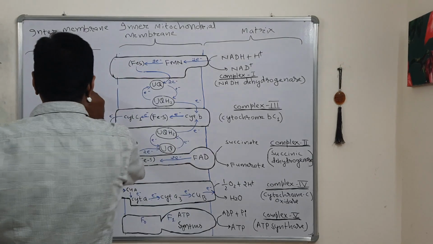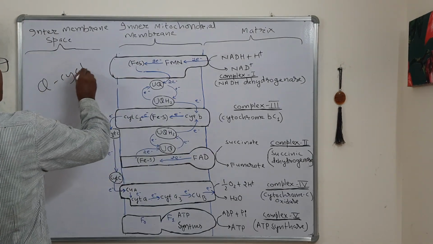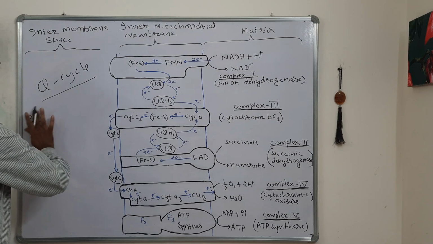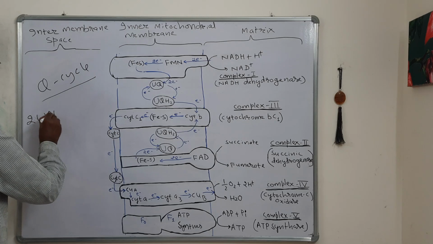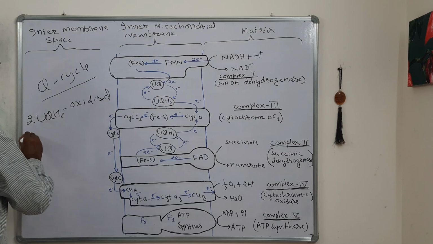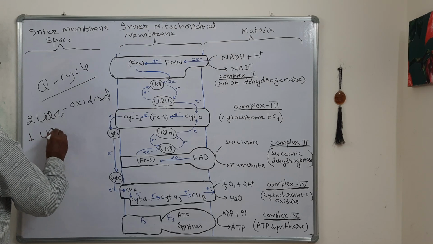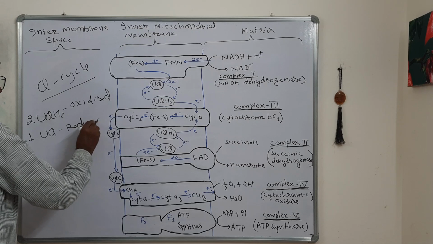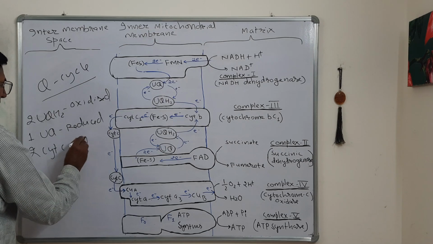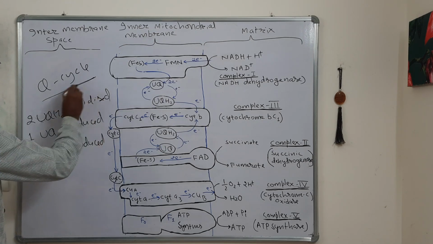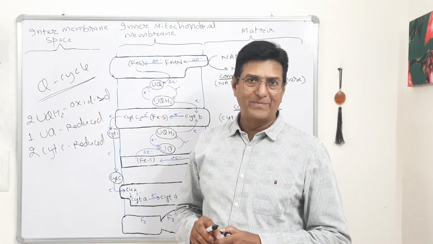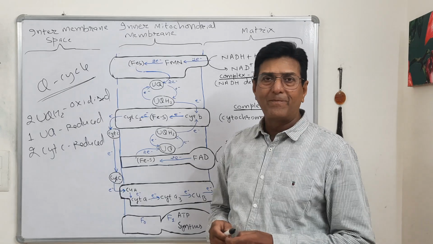In one Q cycle, two ubiquinol UQH2 are oxidized, and one ubiquinone is reduced, and two cytochrome C are also reduced. The Q cycle maintains the number of electrons in between ubiquinol and cytochrome C.